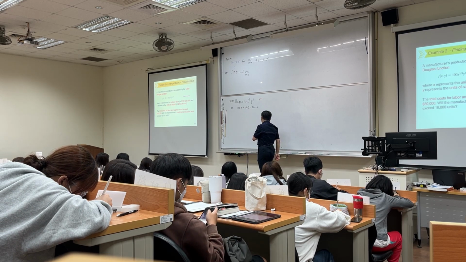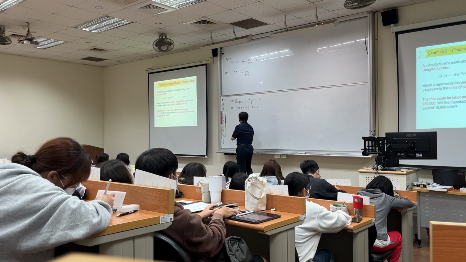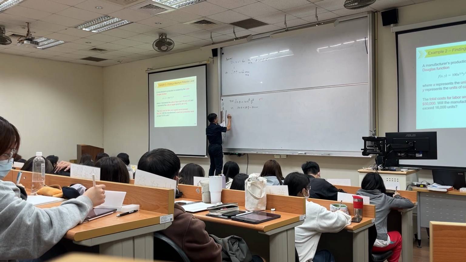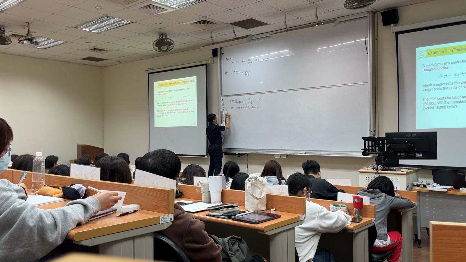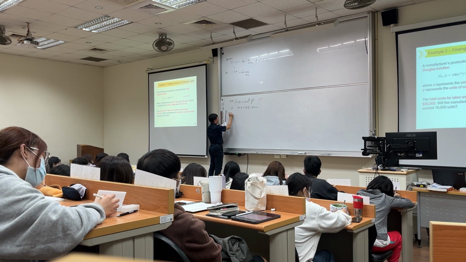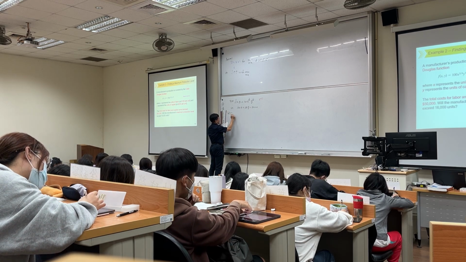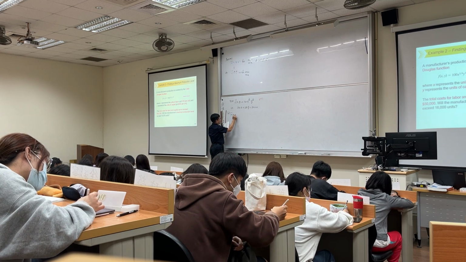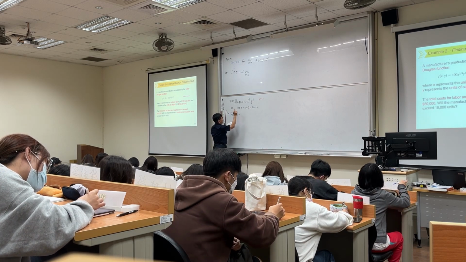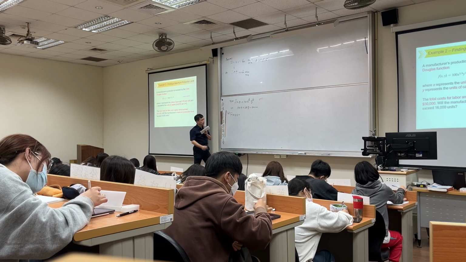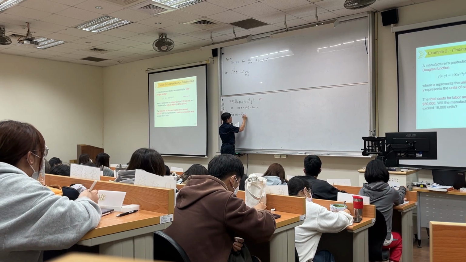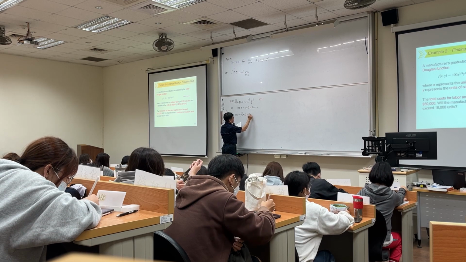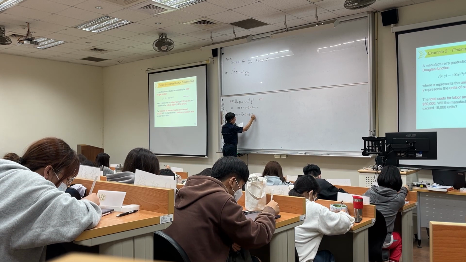So here we need to construct the Lagrangian function. We set the Lagrangian function, the capital F of x, y, lambda, equal to f of x, y minus lambda times g of x, y.